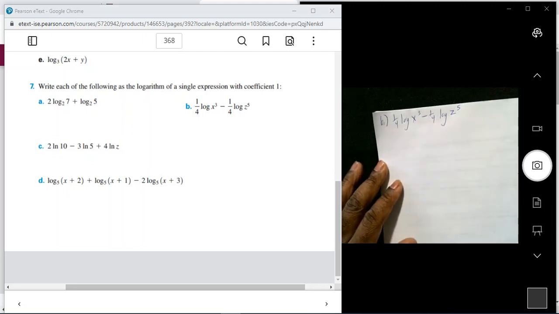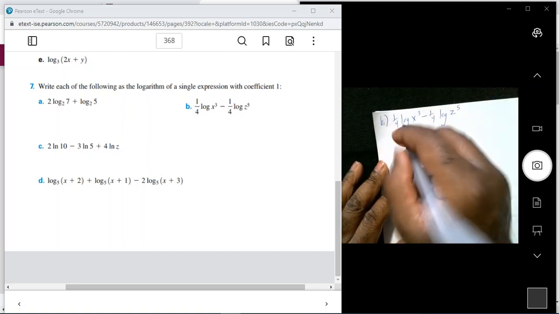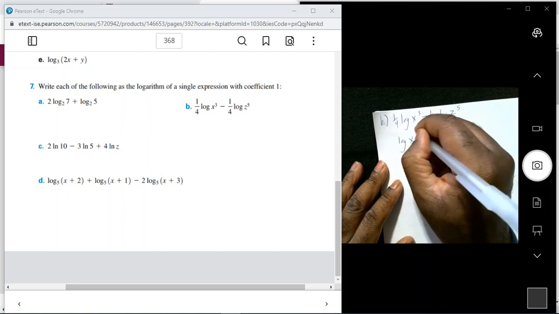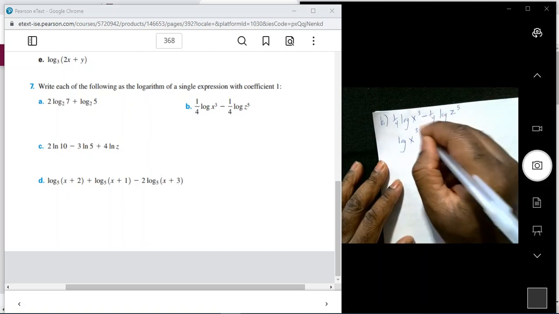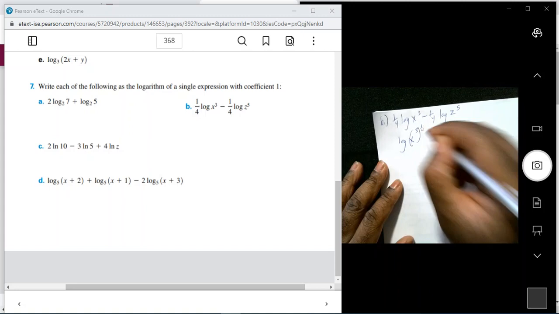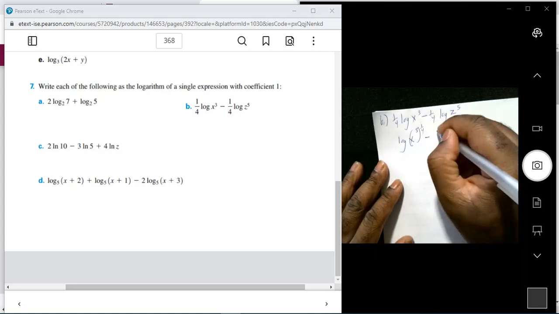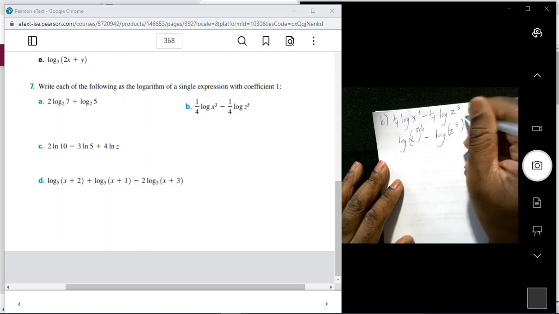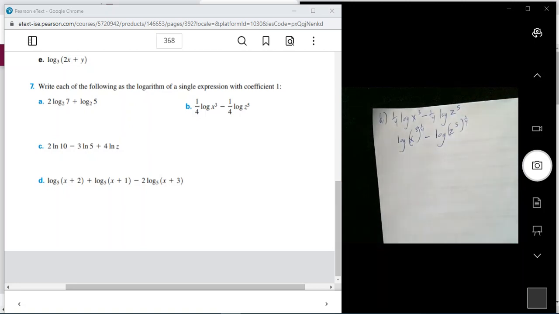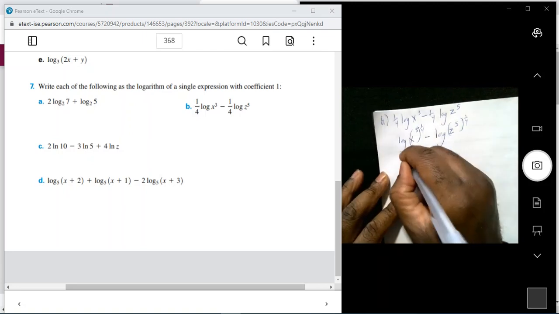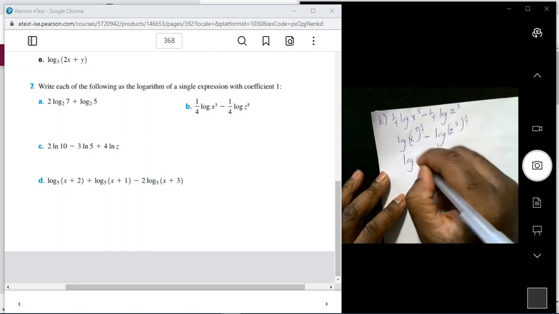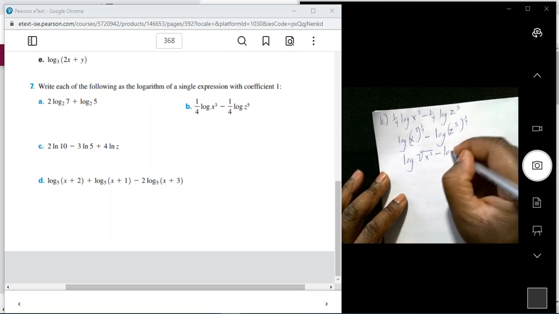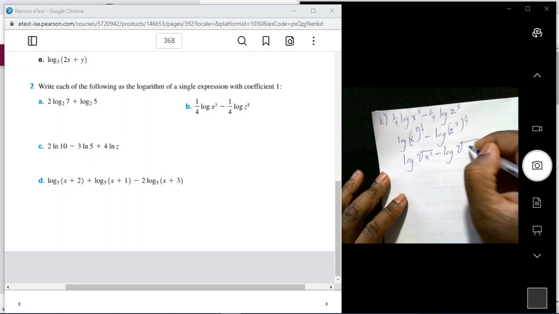Now, if you look here, this would be log x to the third, and that x to the third would be taken to the 1/4 power, minus log z to the 5th, and that will be taken to the 1/4 power. So now this will be log of the 4th root of x to the 3rd minus log the 4th root of z to the 5th.